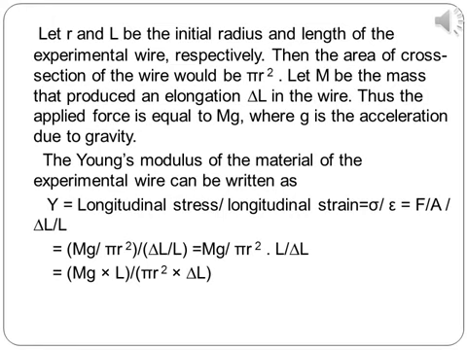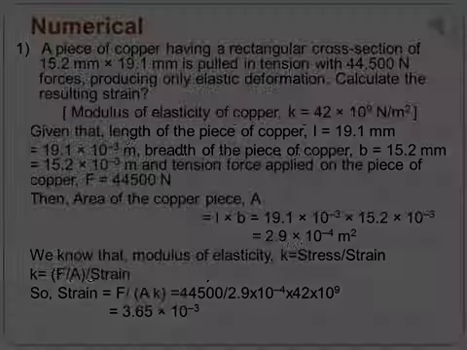Then the expression becomes Y is equal to mg divided by pi r square whole divided by delta L by L, which is equal to mg by pi r square into L by delta L. Therefore, the Young's modulus Y is equal to mg into L whole divided by pi r square into delta L. This expression helps to determine the Young's modulus of the material of the given wire.